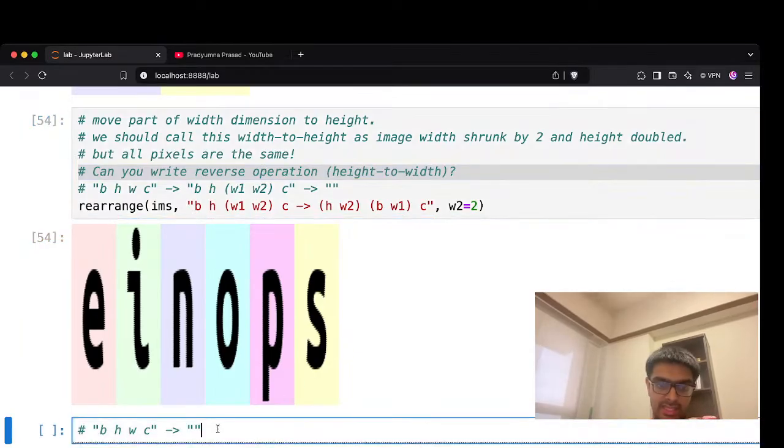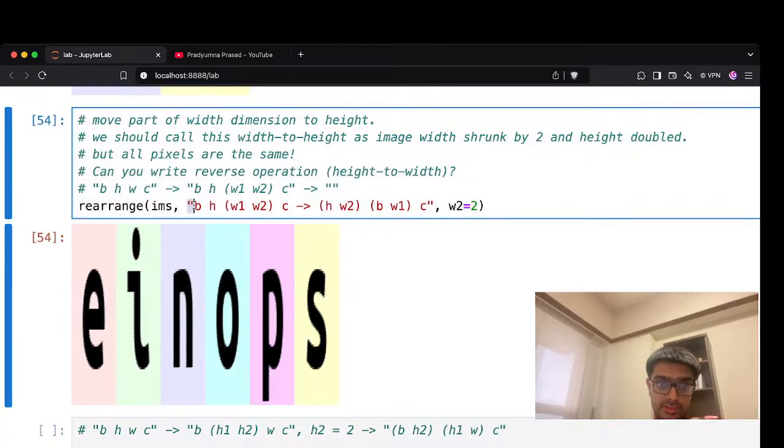So you'll do something like B H1 H2 W C, where our H2 equals 2, and then that will turn into, sorry, there's no B anymore, right? So our height has to be halved, so we would do B H2 H1 W C. Let's try that out.